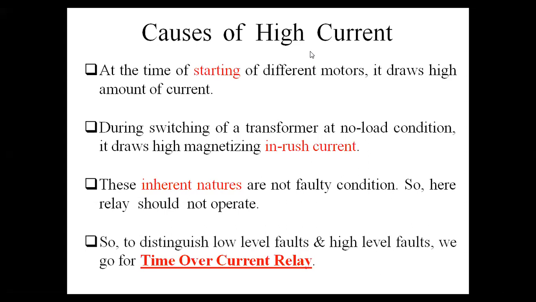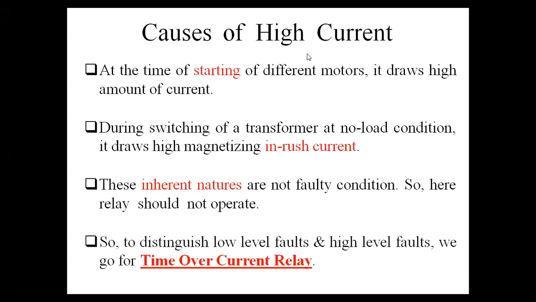But for low level faults like LG fault, line to ground fault, or LL fault, or any other type of low level fault, we can use time delay operation. Sir, what does inrush current mean?